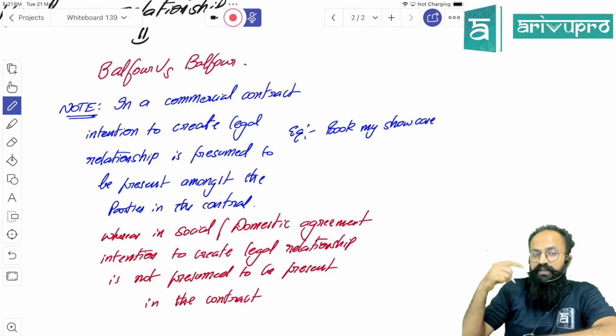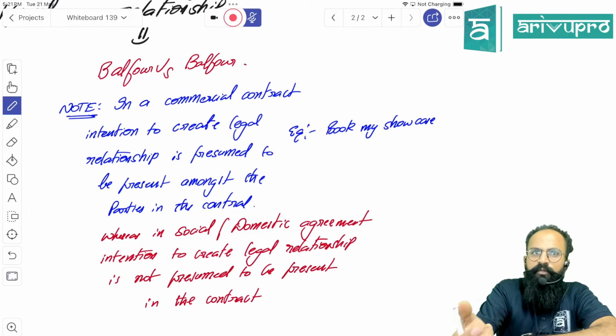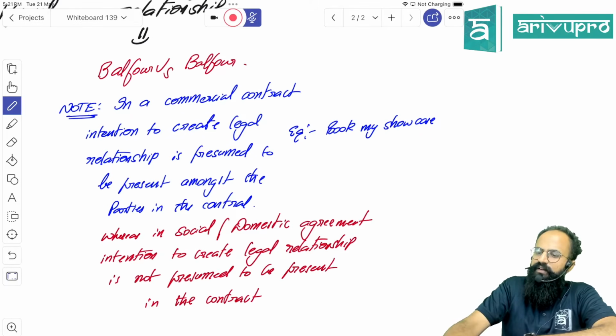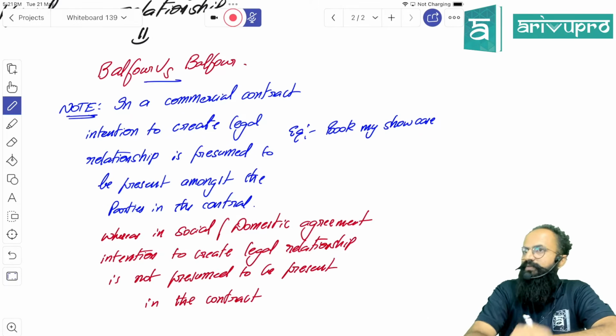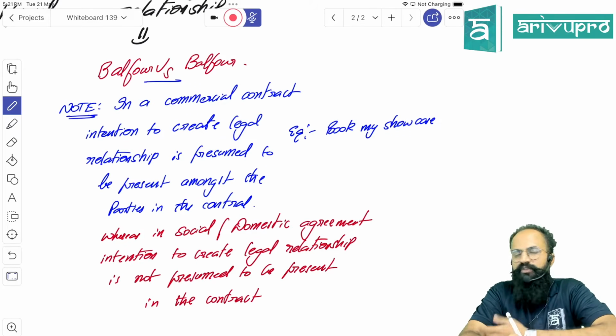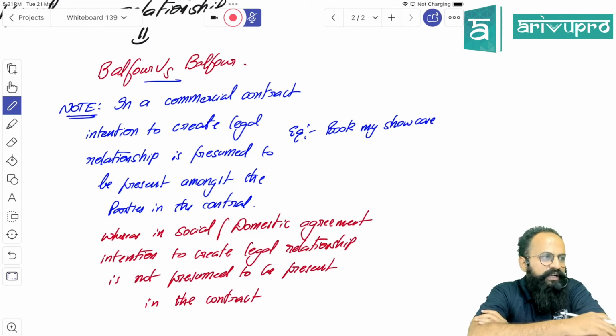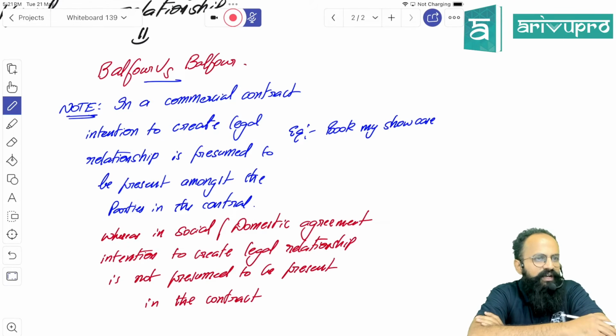If you read the words book my showcase, you should be able to know that is what we had discussed in the class. Here, we have already written Balfour versus Balfour, husband versus wife. Sir, you said one person cannot enter into a contract, then how come in this case the same person is entering into a contract?